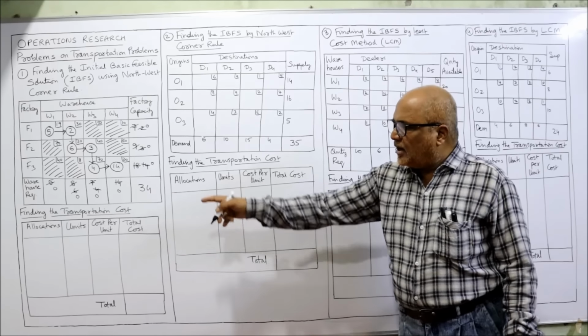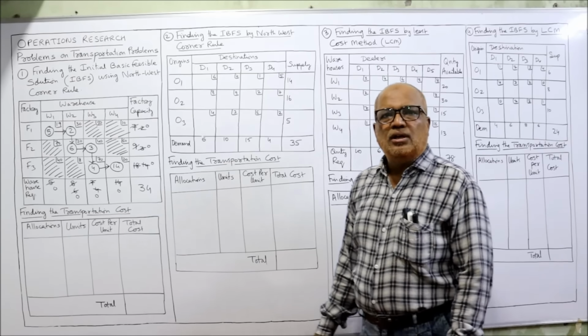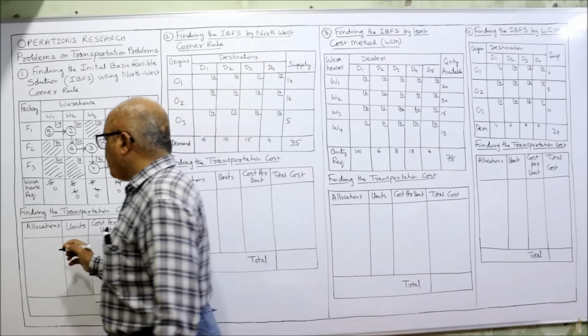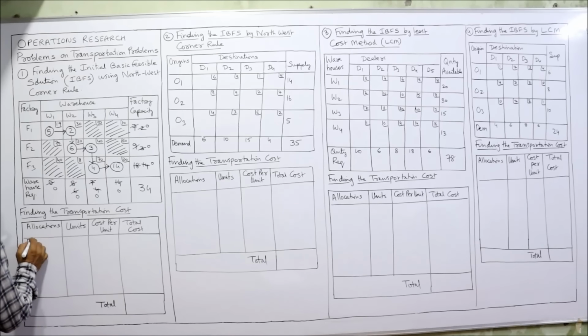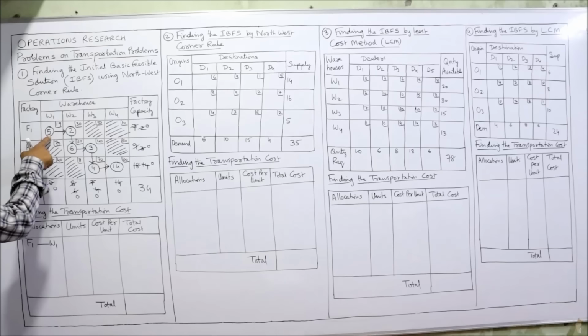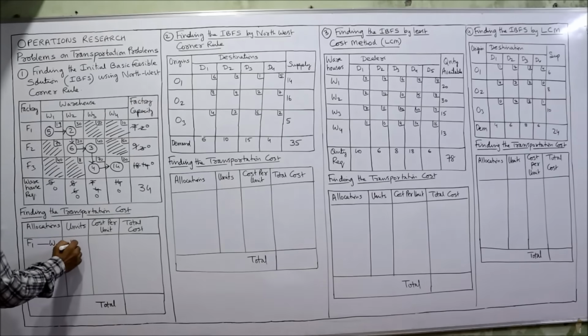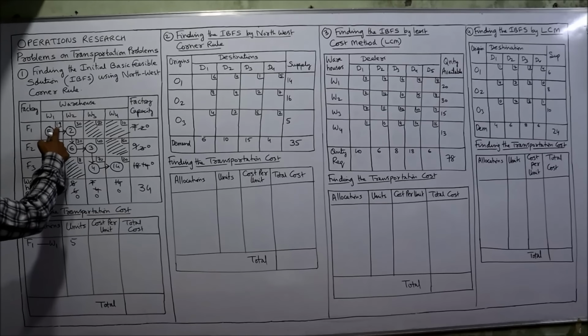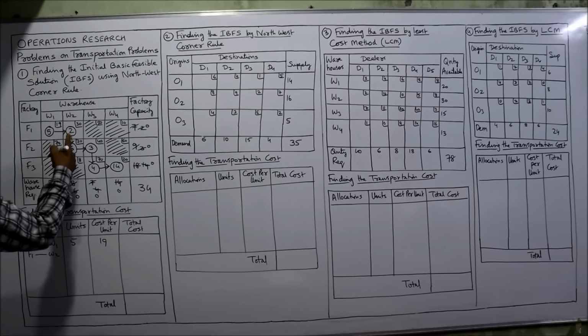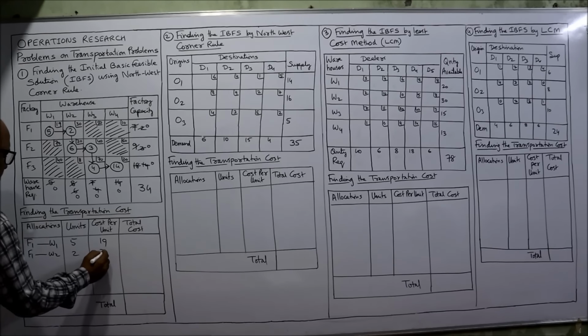Right? Now finding out the transportation cost. The first allocation is F1 to W1. How many units are allocated? 5 units. And what is the cost per unit here? 19 rupees. Similarly, F1 to W2, 2 units, 30 rupees.